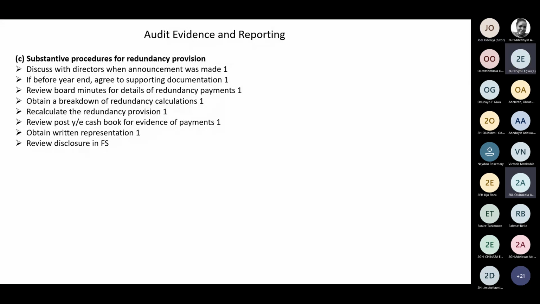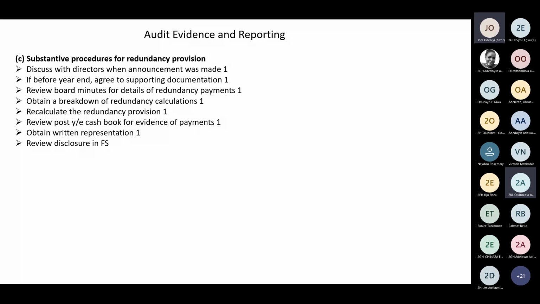When you're reviewing the breakdown of the redundancy provisions to confirm reasonability, is it for valuation? What's the assertion that we're trying to link that to? That's a good question. Reviewing redundancy provision can help you with valuation.